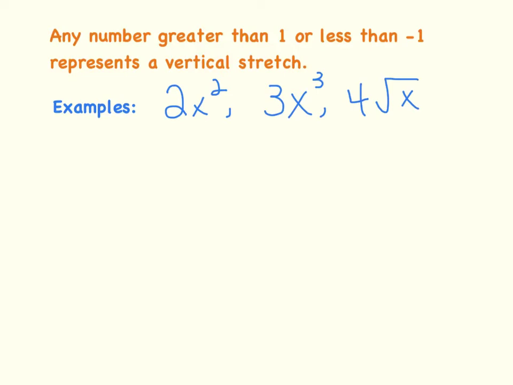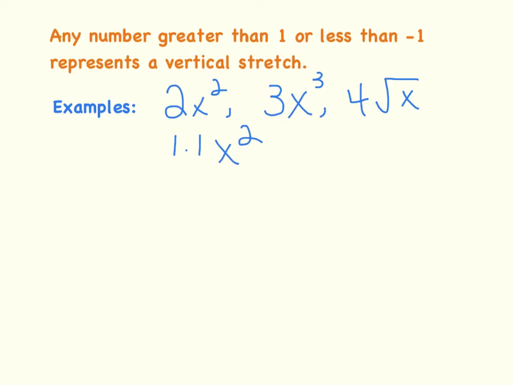Those are all examples of a vertical stretch. And actually we could do something like this, 1.1x squared. 1.1 is greater than 1, so it also represents a vertical stretch.